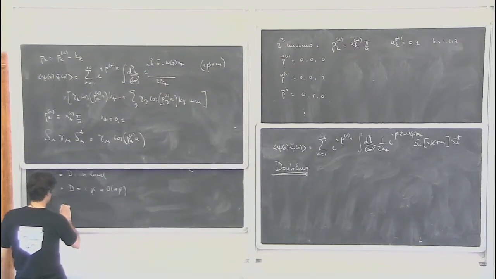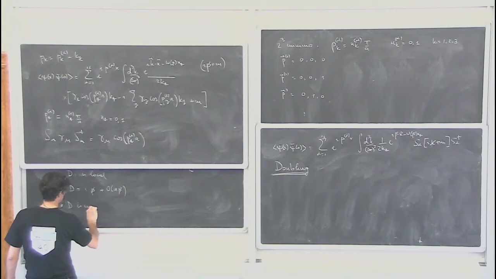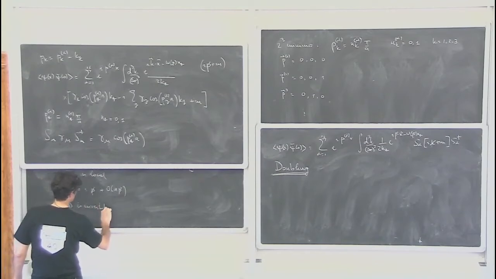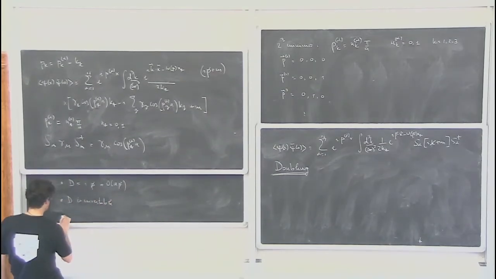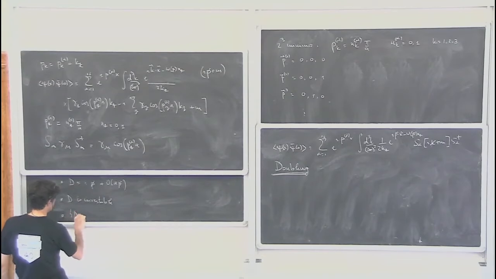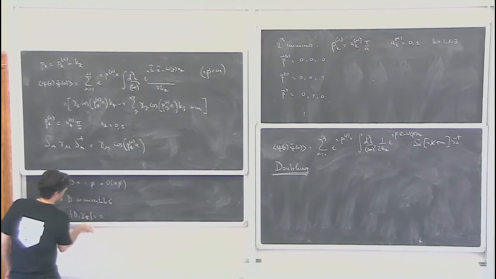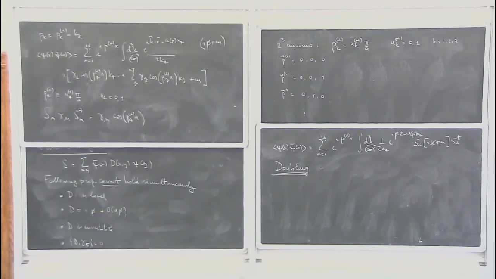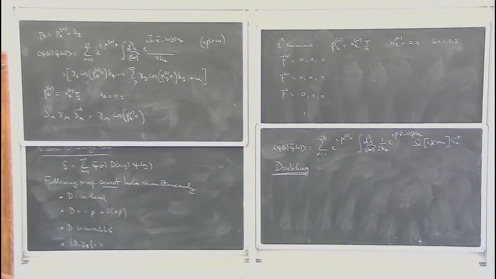That D is invertible. And that the action is chirally symmetric. Okay, so these four properties cannot hold simultaneously.